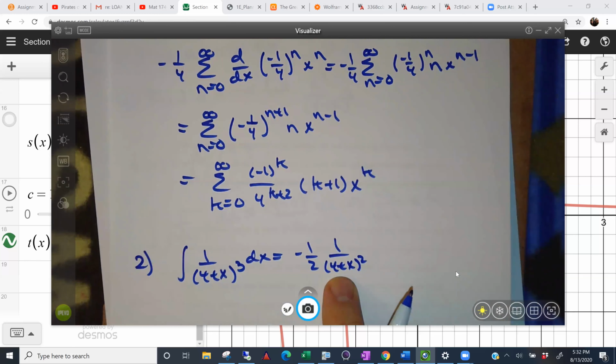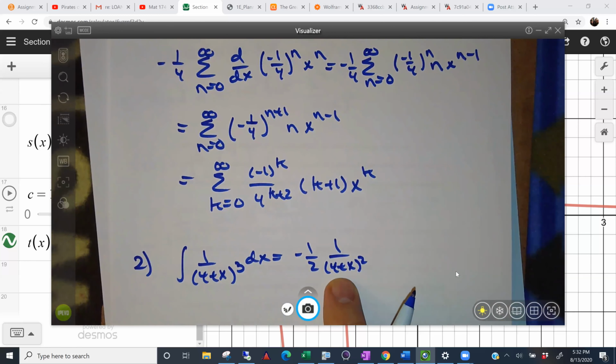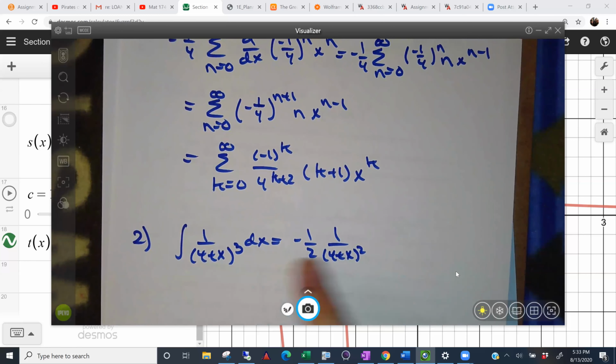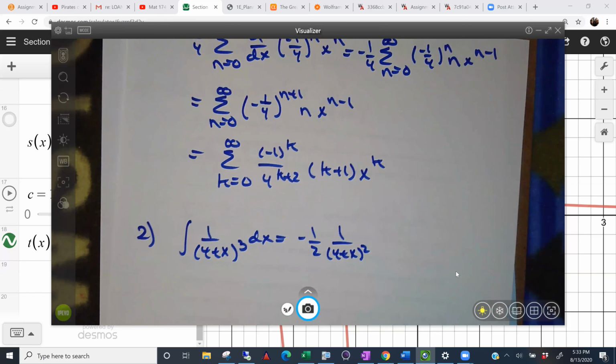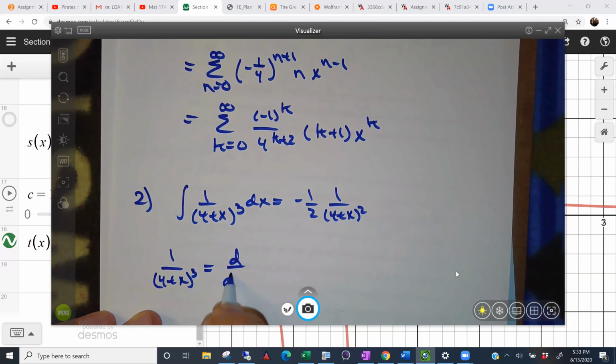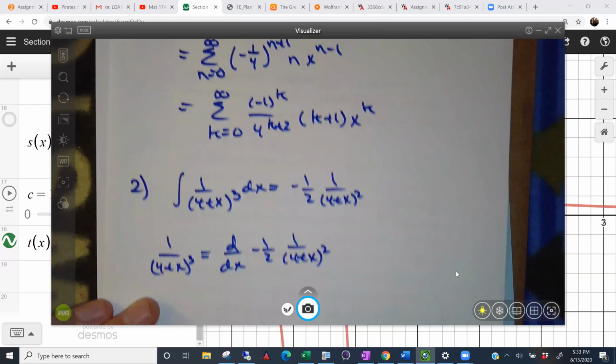And we've got a series for that. So we're going to take advantage of that and try and come up with a series for this by differentiating this series. So 1 over 4 plus x cubed is the derivative of negative 1/2 times 1 over 4 plus x squared.